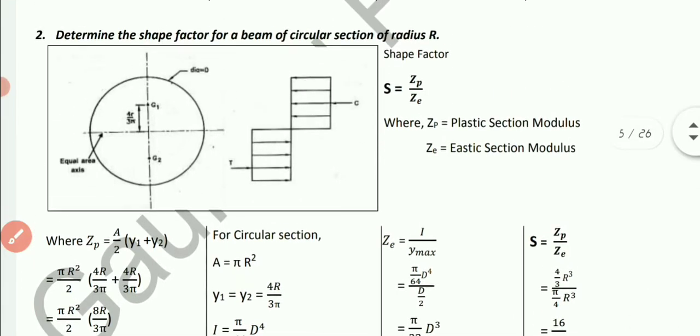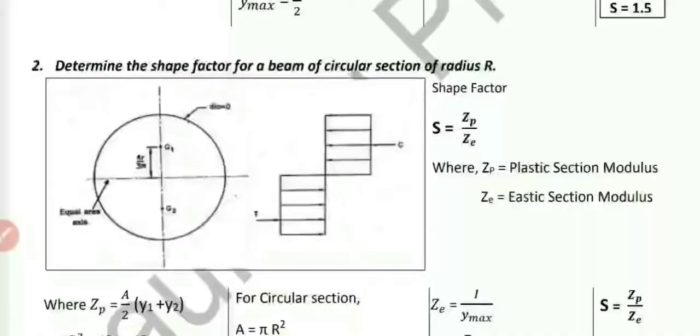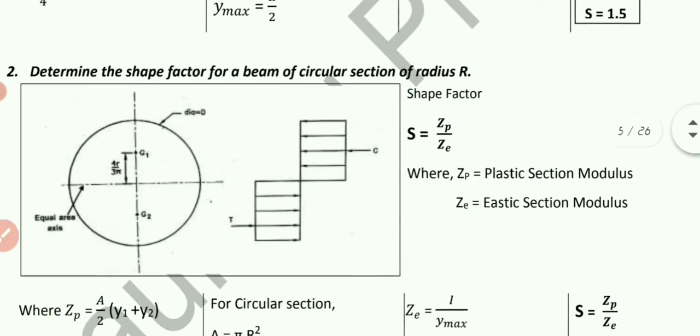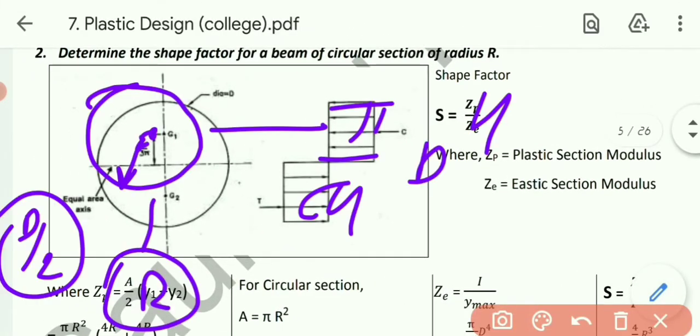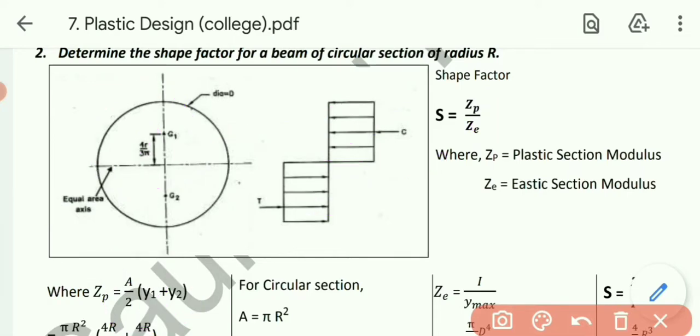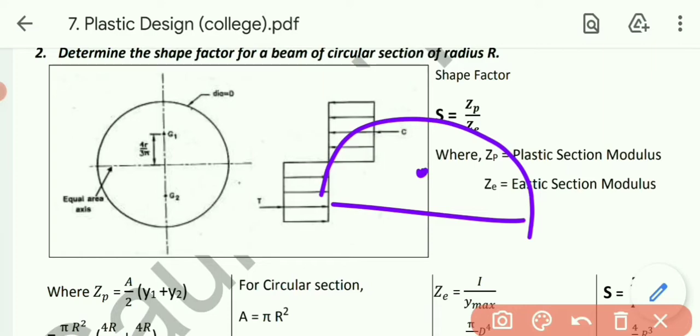And talking about y1, y2, we all know that we are taking half circles, and their CG will be 4r by 3 pi.